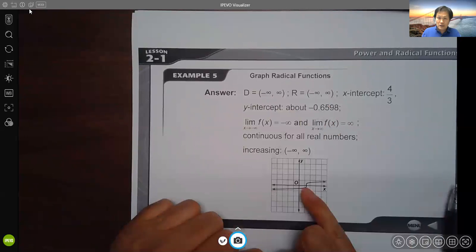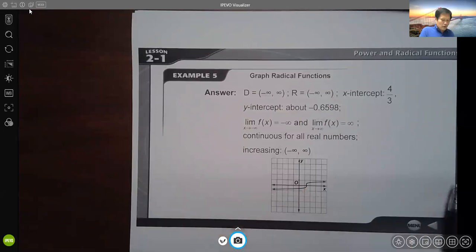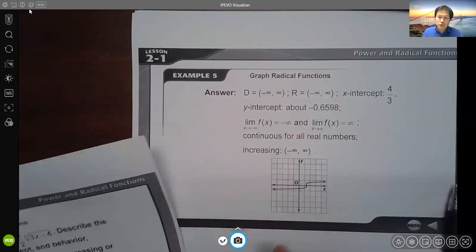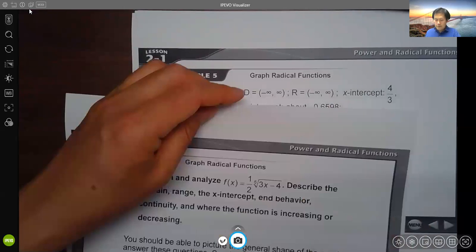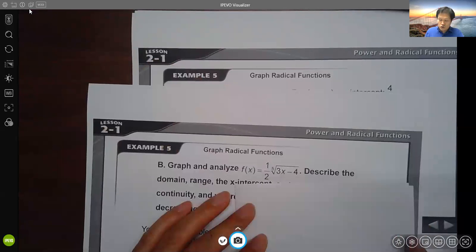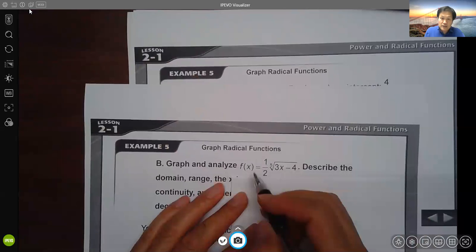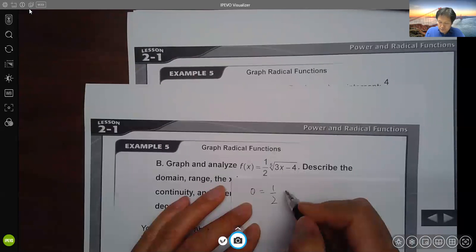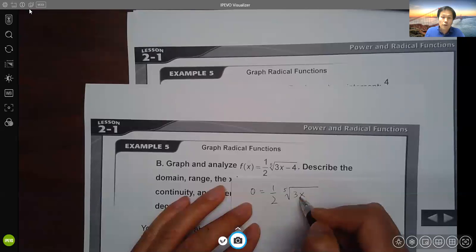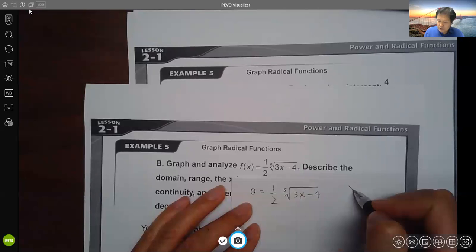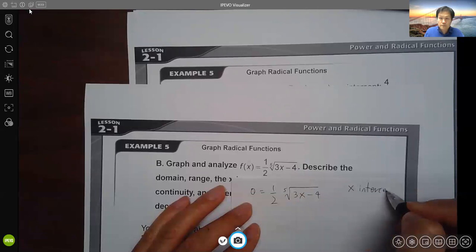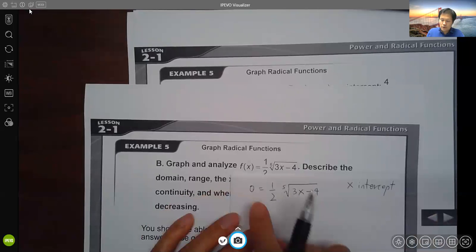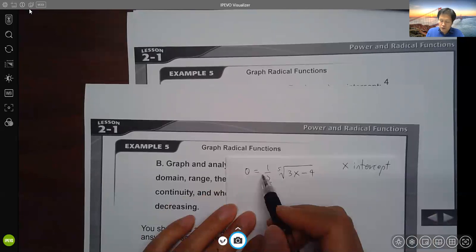If you look at it, the x-intercept is passing through right there, which is 4/3. So you might say, well, how am I supposed to know it's 4/3? Again, for the x-intercept algebraically, you could plug in y as 0. This is y. Then you can solve for x. You're trying to find the x-intercept. Okay? Plug in y is 0, solve for x. Multiply by 2 on both sides.